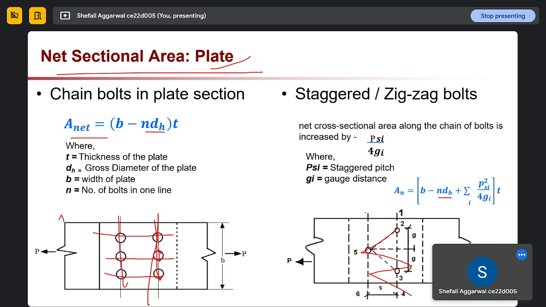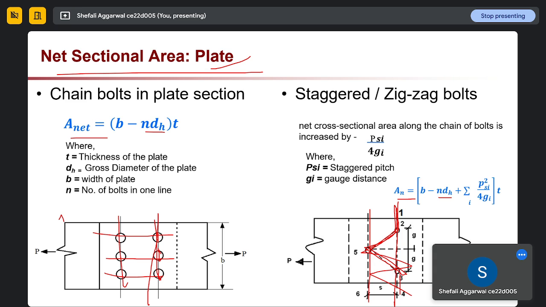We will have different sections. If we have this section, 1, 2, 3, 4, our net area will be different. If we have this section, our net area will be different. Or if we are considering this section, our net area will be different. So it will depend on at what point you are calculating your net area.